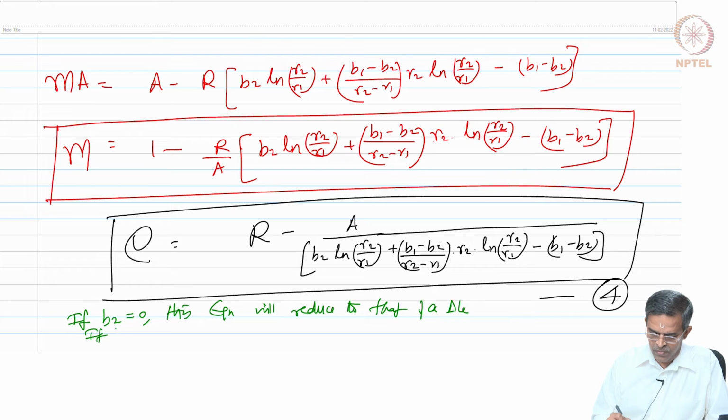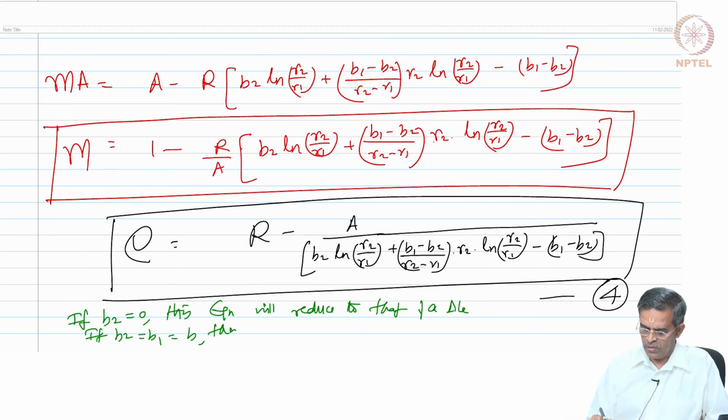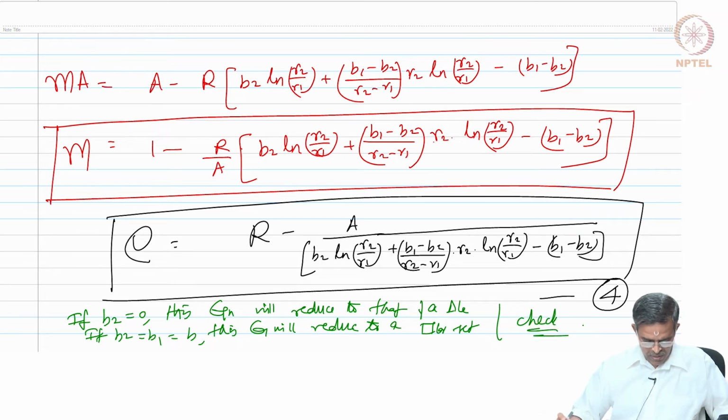If B2 and B1 are B, see this figure, if they are B, it will reduce to a rectangle. This equation will reduce to a rectangular section. You can check that. I leave it to you, please check that and check the derivation carefully.